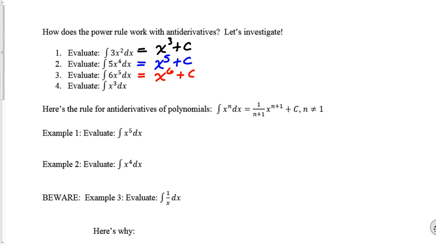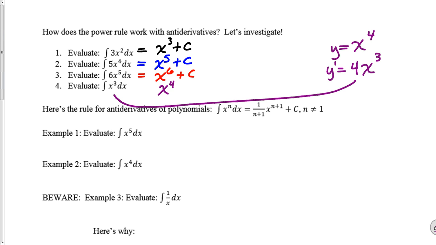And then we have the integral of x cubed dx. I'm going to have to think about that one. Well, I know I would have started with an x to the 4th. That's the only way that I could get an x cubed. However, when I take that derivative, I get 4x to the 3rd. But my integrand doesn't have that 4.